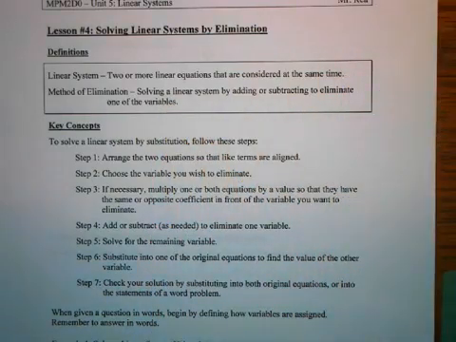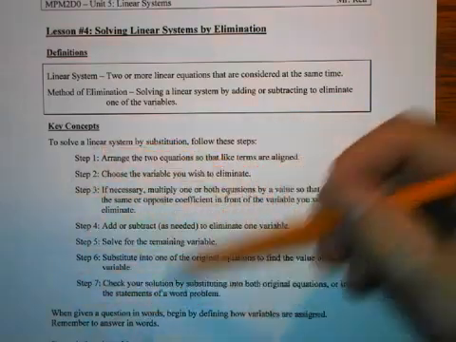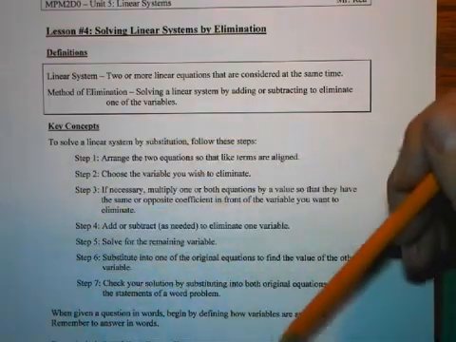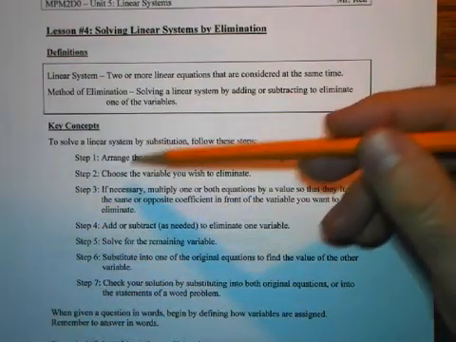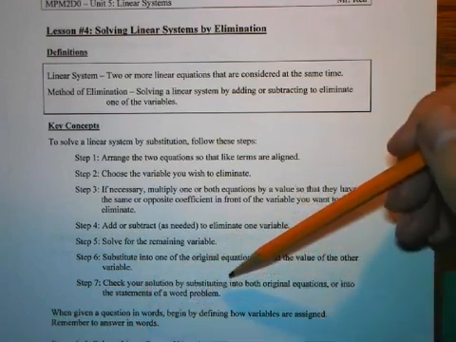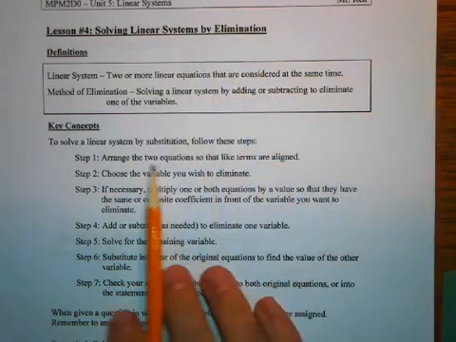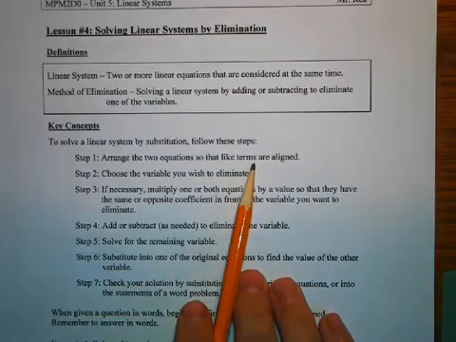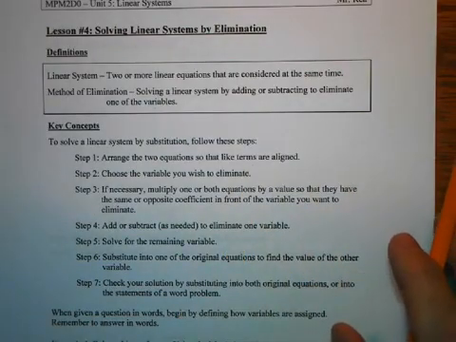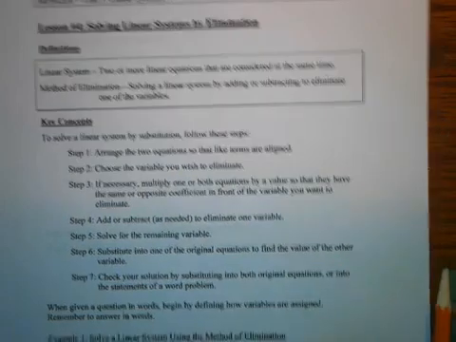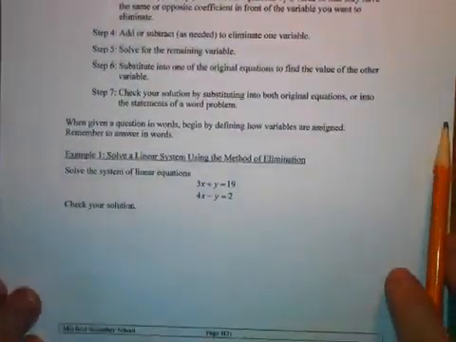Now, there's a series of steps here for the process. I'm not going to talk about that yet, except for we need to set these up so that the equations are lined up correctly. So what do I mean by that? Let's go right to the example.